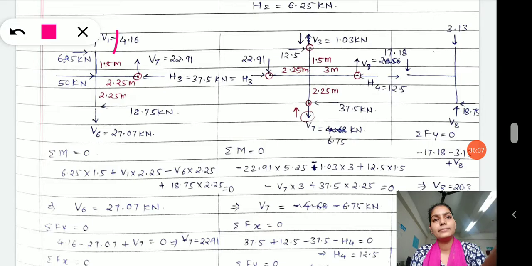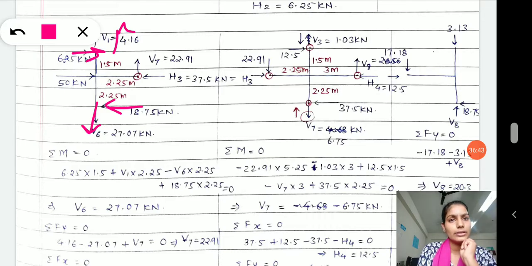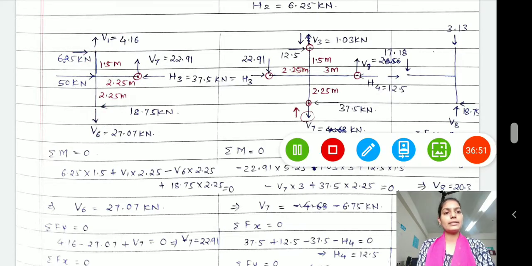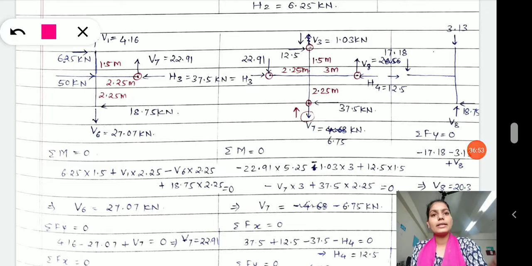V1, this 6.25, this downward force, and this horizontal force. So a total of 4 forces are making a contribution to the moment equation. See here how I analyzed it. 6.25 into the vertical distance: the force is horizontal, so the distance will be vertical. 6.25 into 1.5, making a clockwise movement, therefore taken positive.